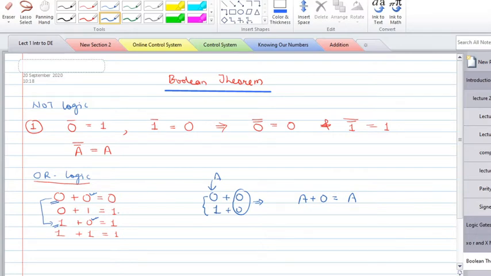Similarly for this combination, if a plus 1 is there, then output will be 1. So the theorems are a plus 0 is equals to a, and a plus 1 is equals to 1. Okay.